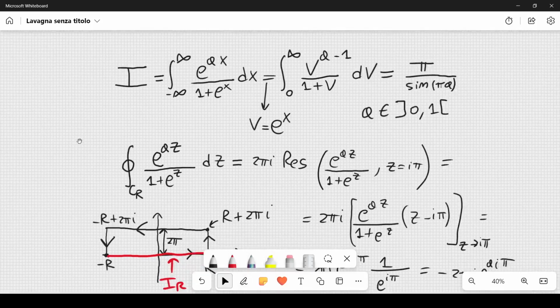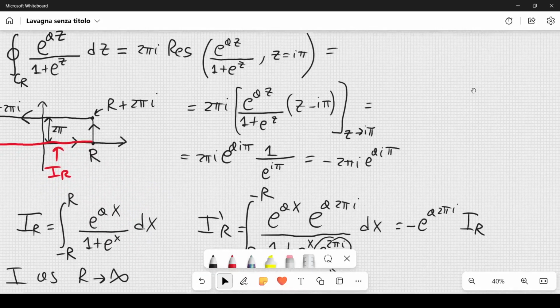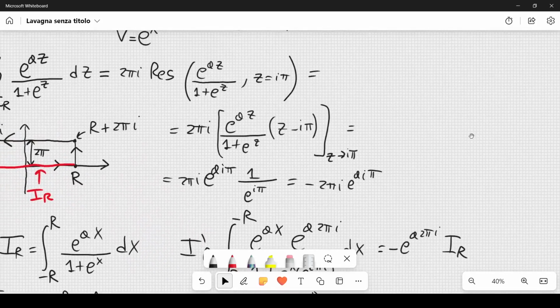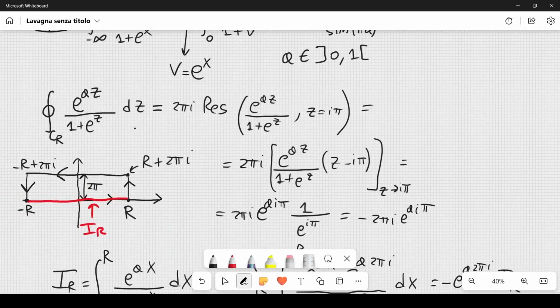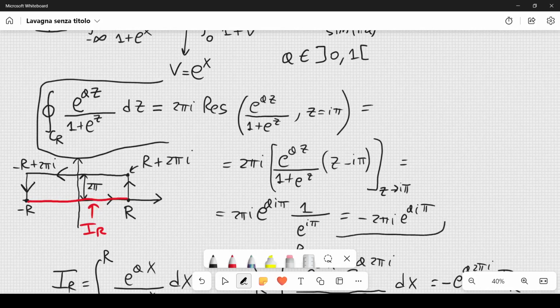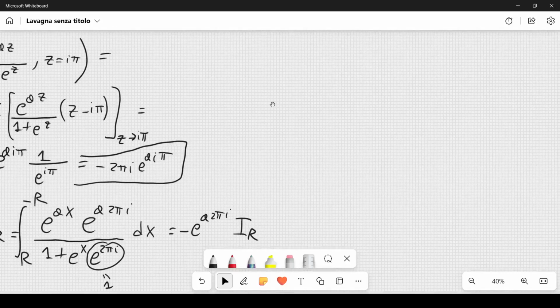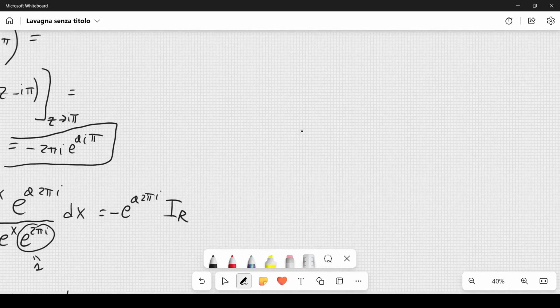So basically our equation, and I'm talking about this one here, remember that we have this contour integration equal to minus 2 pi i e to the i pi. So you only have two contributions along the contour, which are I, so the integral along the bottom side of the rectangle, so it's the horizontal side at the bottom.